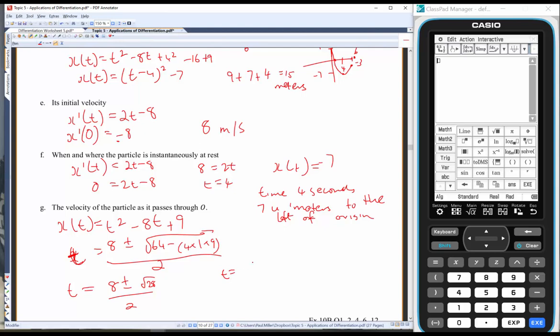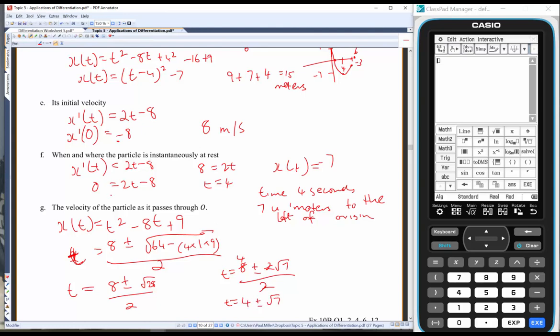So that's going to be t equals 8 plus or minus 2 root 7 all over 2. Cancel, cancel, 4. So that's going to be t equals 4 plus or minus root 7.